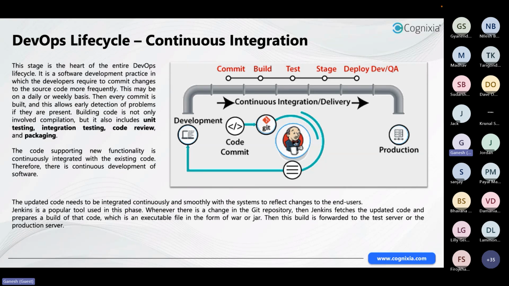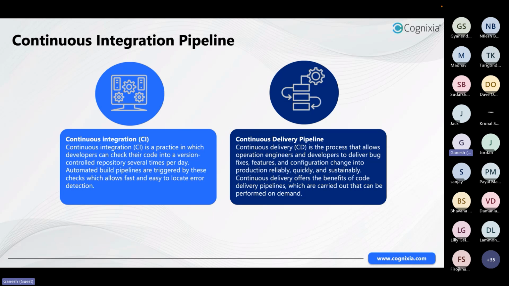The moment a commit happens, the whole process automatically starts. Jenkins detects the commits on GitHub and automatically starts the whole process. That's the pipeline, and we will see that GitHub integration in the training, how we have that integration and how automated builds are triggered. So it's a continuous integration pipeline.